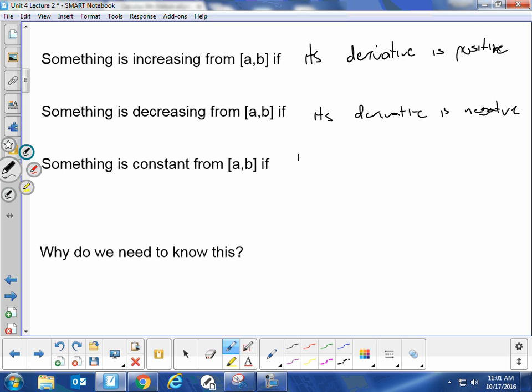Something is constant or stopped, not going up or down, if its derivative equals 0. Give you a second to write those.